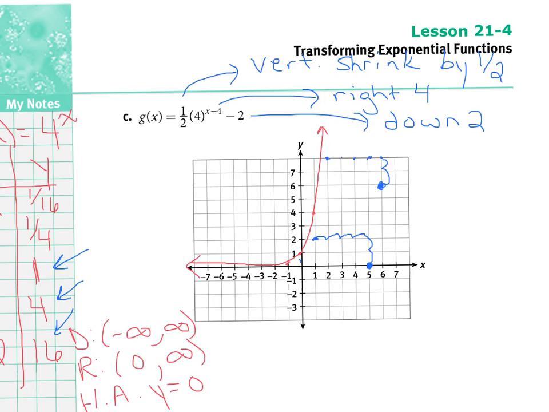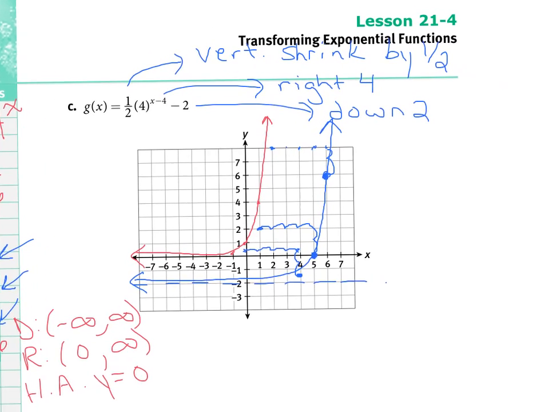Half of that would be a 1/2. Right 1, 2, 3, 4, and down 2. Remember what also shifts? It's that horizontal asymptote. Now you could have also found those points by looking in the calculator at your table.